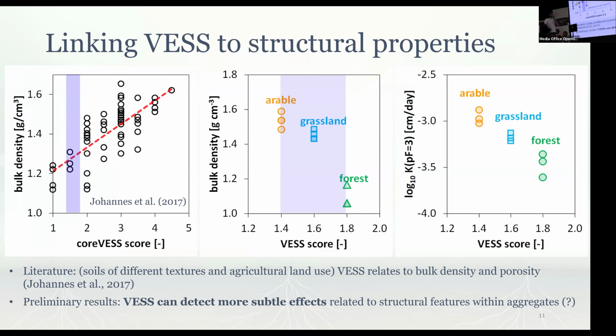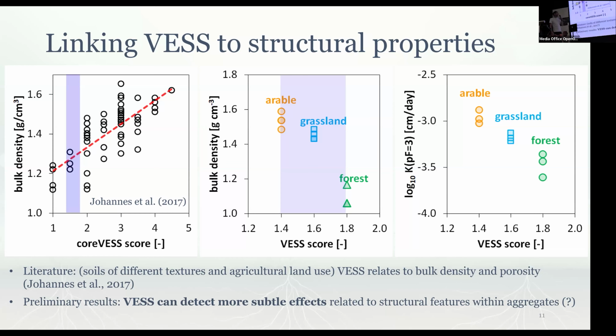And then, as the VES comes in, we actually saw something that we thought at the beginning was interesting. This plot that you see here on the left, that's not mine. That was from an experiment done before by Alice Johannes et al., where they sampled just arable land on different textures, and they could see quite a nice trend of bulk density going quite in line with VES scores.